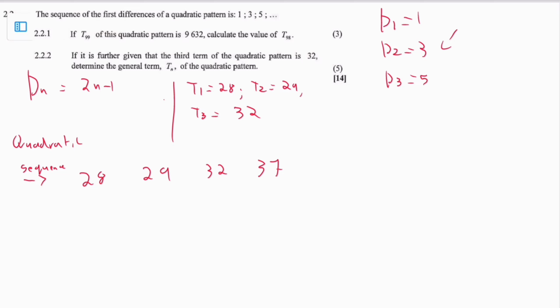Now below that we have the first difference terms. Okay, so 28 to 29 gives you 1, 29 to 32 gives you 3, 32 to 37 gives you 5. And then we can look at the second difference, and that's going to be a constant 2, right?